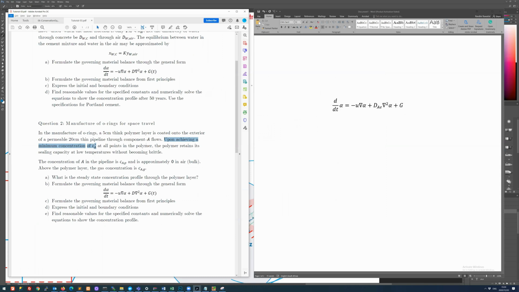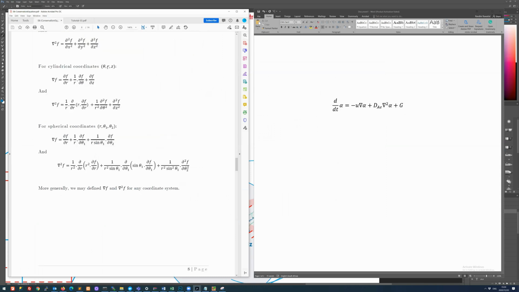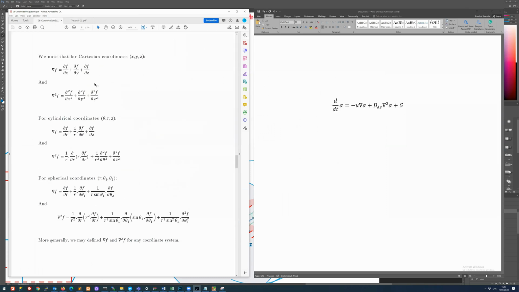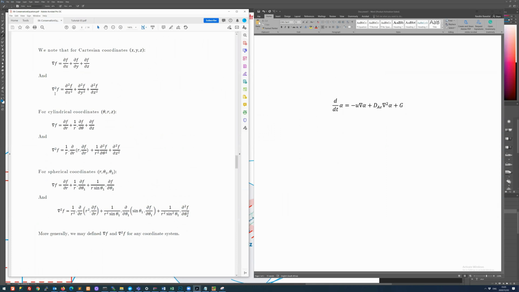I think it's here. Yep. So the forms of nabla. For Cartesian coordinates, it was simply d/dx, d/dy, d/dz. For cylindrical coordinates, it's d/dr plus 1 over r d/d theta plus d/dz.